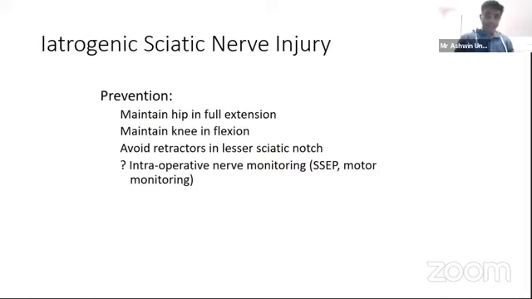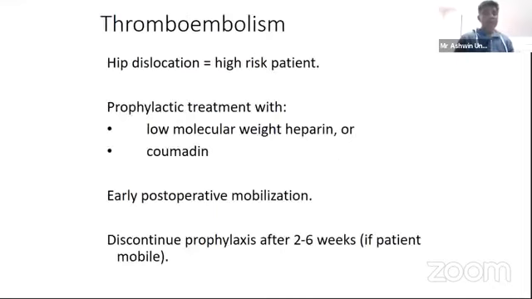It's very important to remember that the majority of these patients will have multiple trauma injuries, and when you have multiple trauma, you have to think of embolism and DVT.